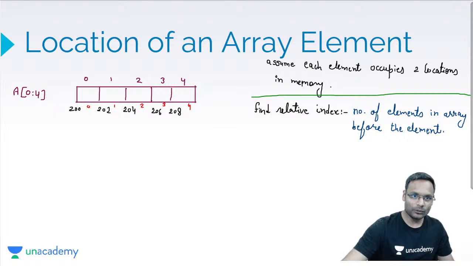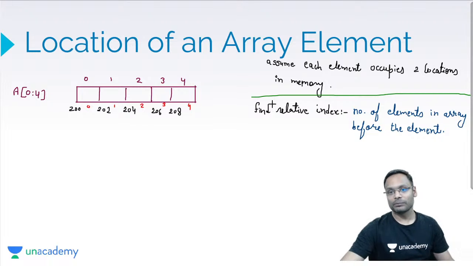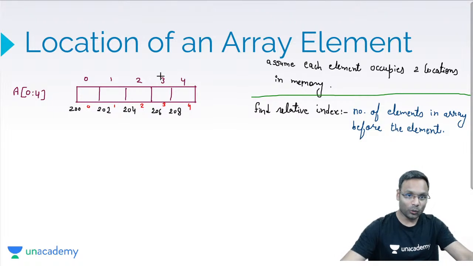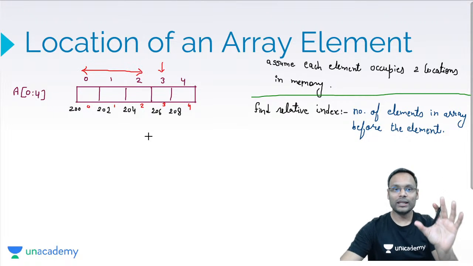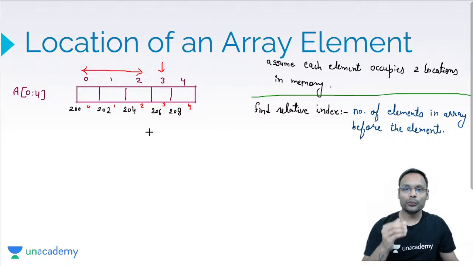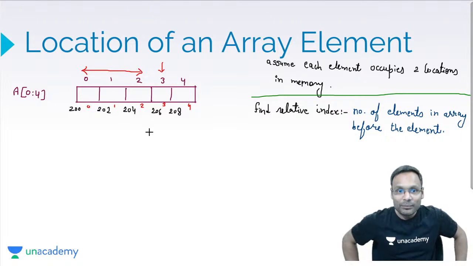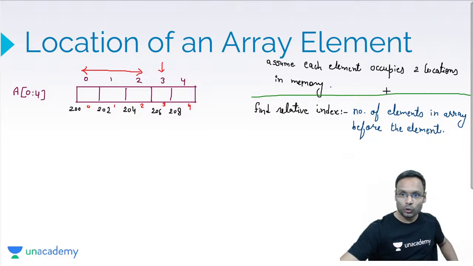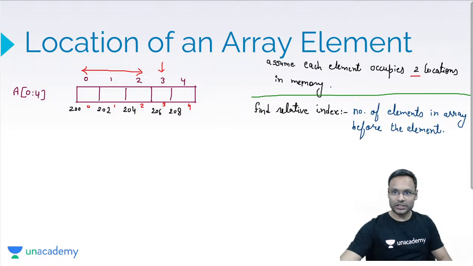Original index 0, its relative index is also 0. Original index 1, relative index also 1. Original index 2, relative index also 2. What exactly will I do with this relative index? If I know that before the element at index 3 there are 3 elements, I can check how much space in the memory these 3 elements occupy. 3 elements, each taking 2 locations, as given in the question.